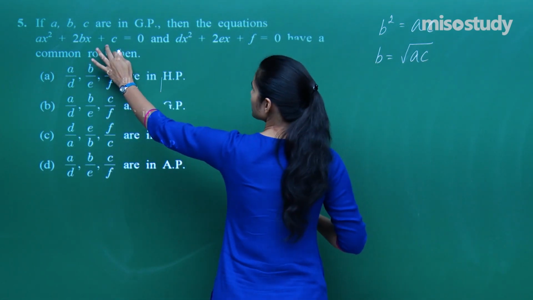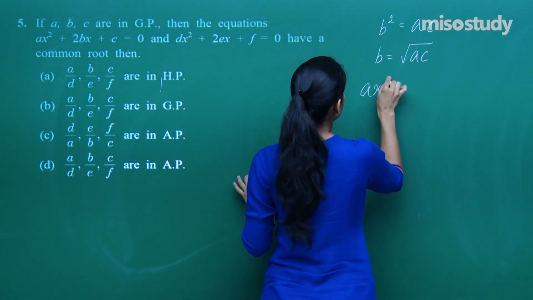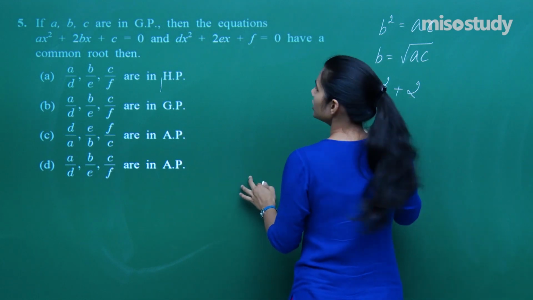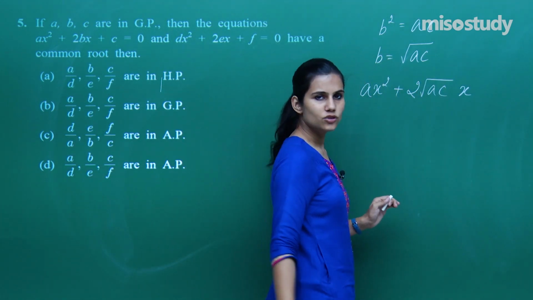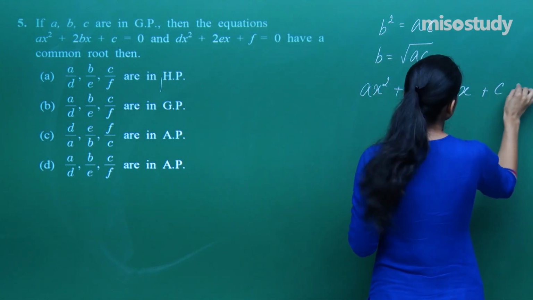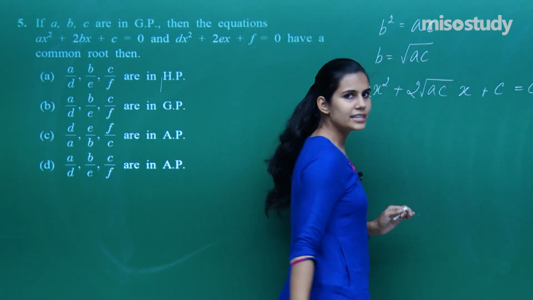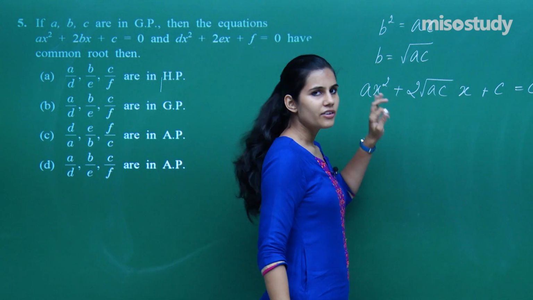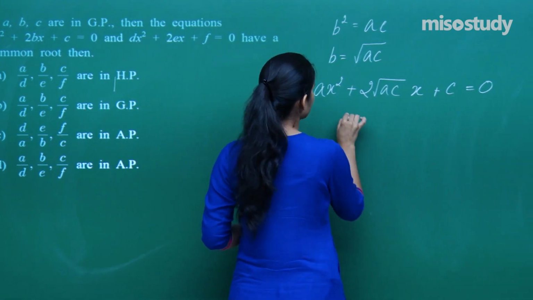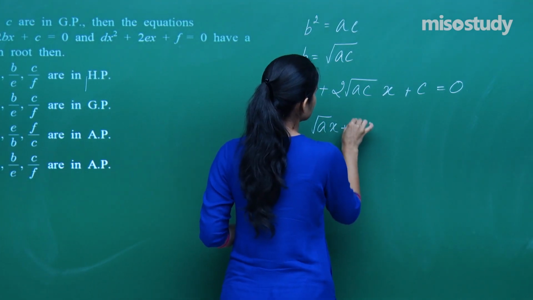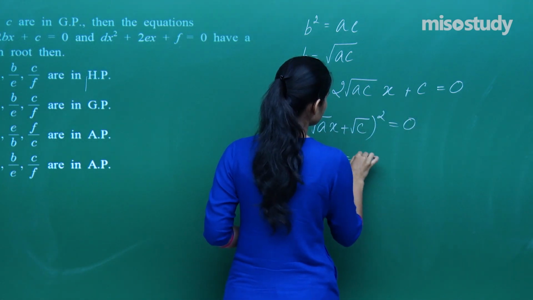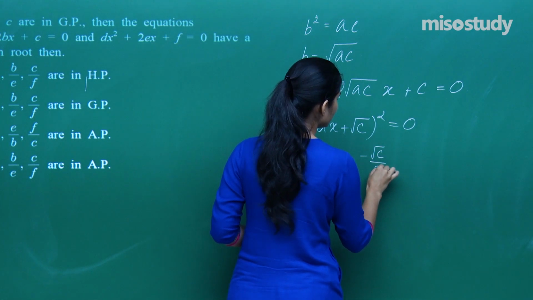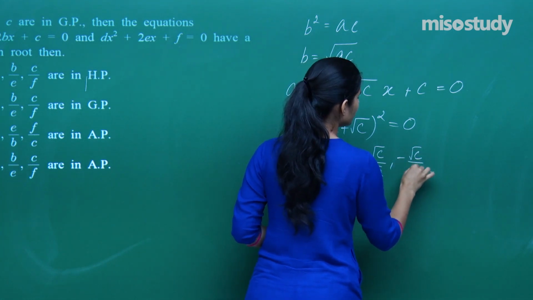So this equation becomes AX square plus 2 root AC into X plus C equals 0. C you can write as root C whole square, A you can write as root A whole square. This becomes root AX plus root C whole square. So X turns out to be minus root C by root A with multiplicity 2.